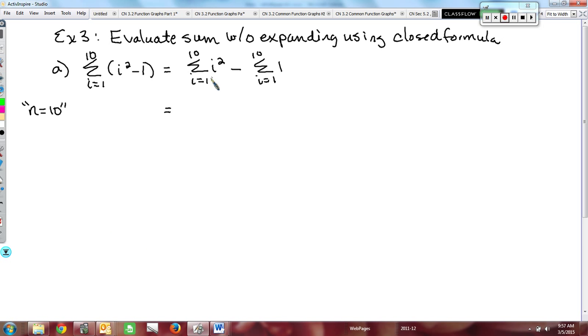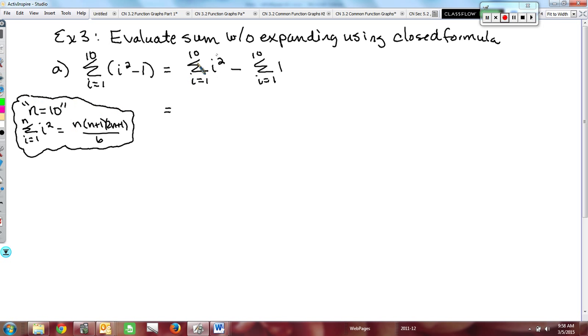So for me to calculate the sum of i squared, remember, the sum i equals 1 to n of i squared is going to be n times n plus 1 times 2n plus 1, all over 6. So that's what I'm basically using to do this. I keep this in mind, and I go, I want to evaluate this, so I'm simply going to go 10 plus 1, 11, times 2 times 10 plus 1, 21, all over 6.